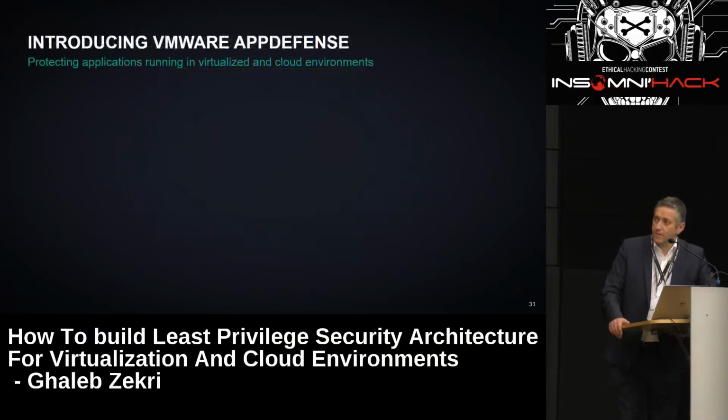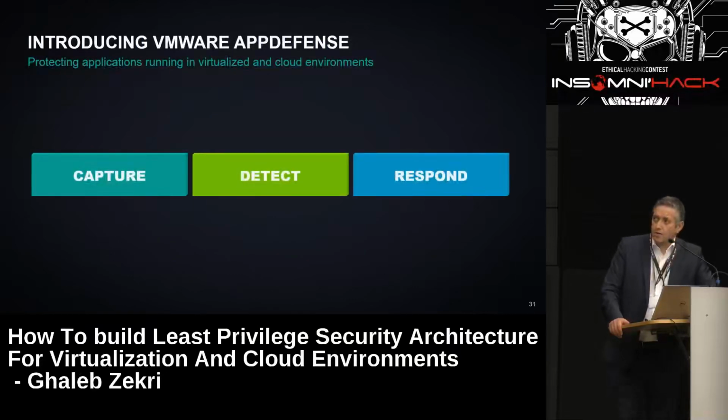So how do we do it? We do it by first knowing what we need to protect, which kind of privilege every process and every component in the application has. So we first need to know the application. We start by capturing how the application should behave and how every process in the application should behave from compute and network perspective.